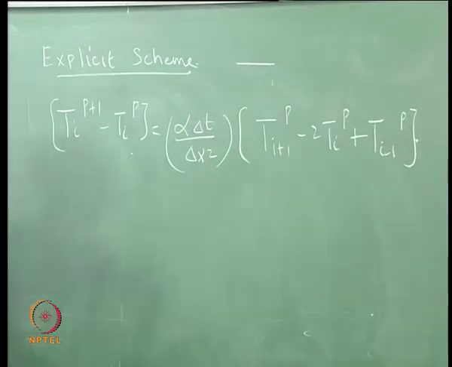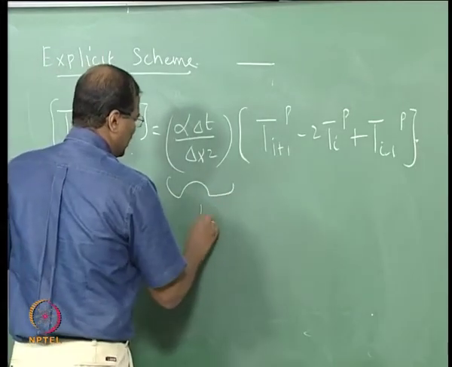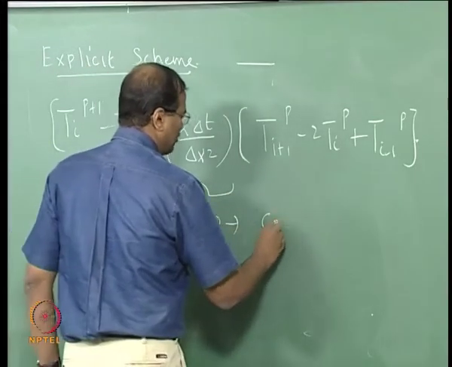This alpha delta t by del x square is called the cell or grid Fourier number.